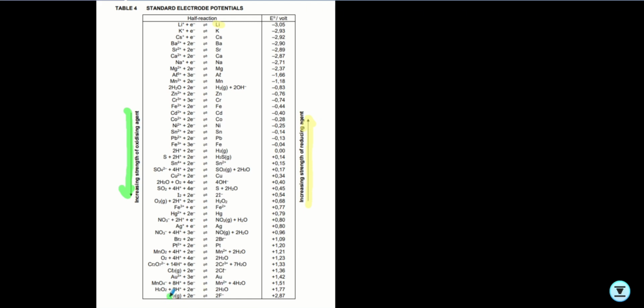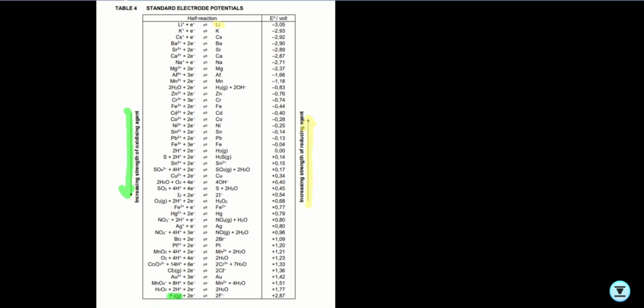So something like fluorine is really good at oxidizing other substances because it just takes their electrons, right? It just yanks them because it's super greedy and it wants them for itself. So that's essentially how it works. Going up, you have weaker pulls to electrons, and going down, you have stronger pulls to electrons.